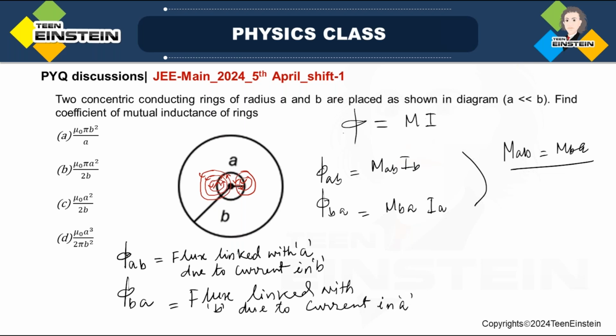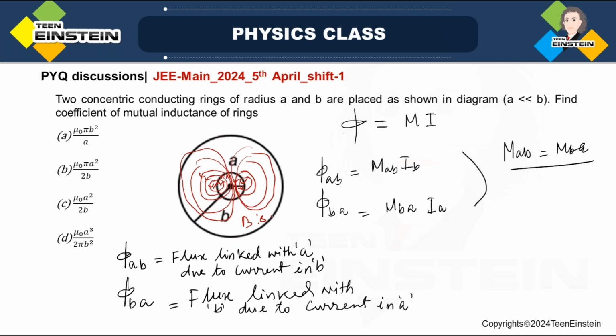Okay, so you can see here, if I consider the magnetic field like this, flux linked with this bigger ring will be there, but it will be really very difficult to calculate because B is not uniform.